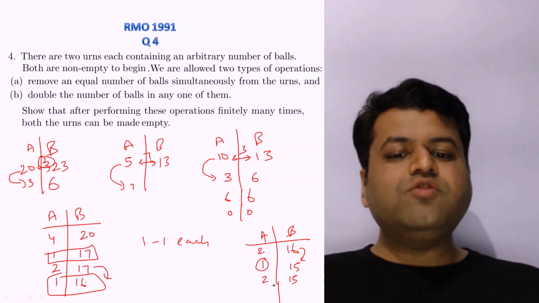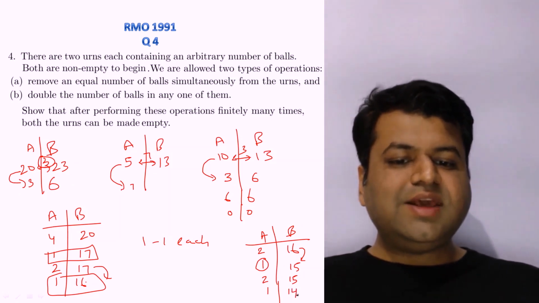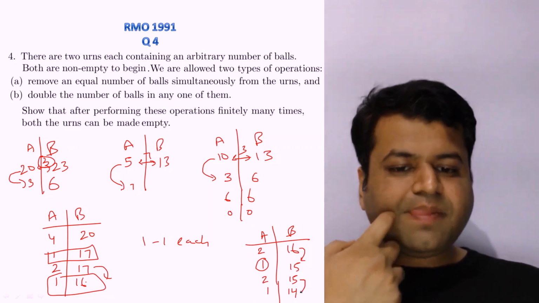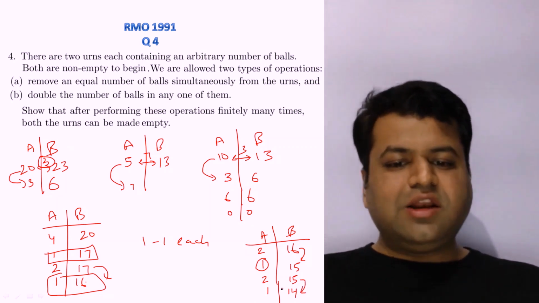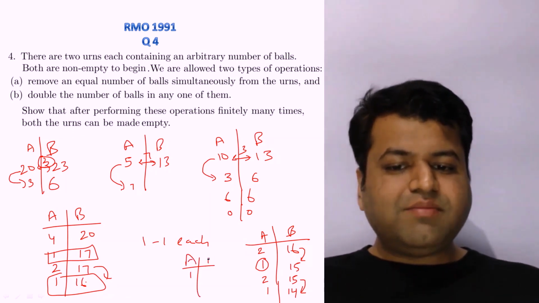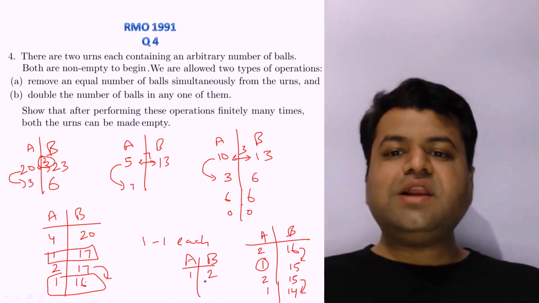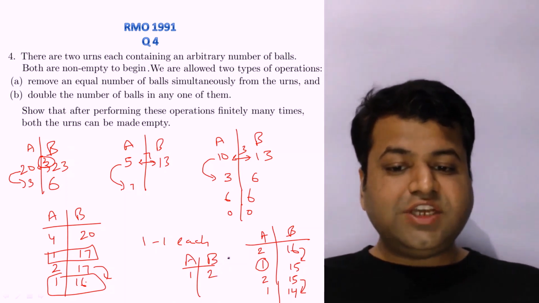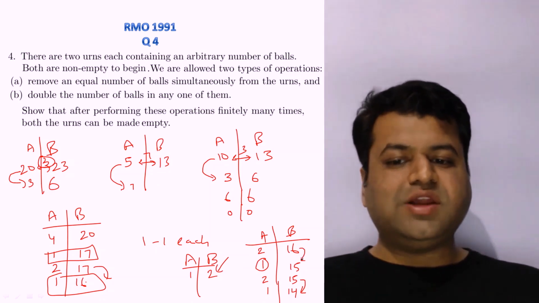I again remove 1 ball each from both the boxes. Now the number of balls remaining is 1 and 14. As you can see, the number of balls in box B is reducing by 1 unit. So I'll repeat this process until the number of balls in box B is 2, and I will definitely achieve this, because I'm reducing the number by 1 only, right?